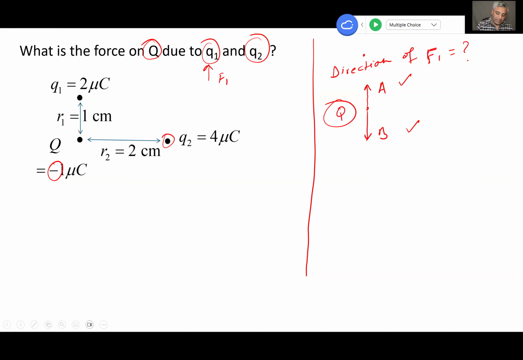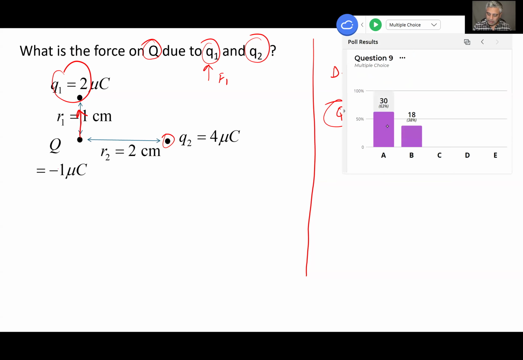Okay, so these two charges have opposite sign. That means unlike charges, opposite charges, attract. So that means this positive charge is pulling this in this direction. So A should be the correct answer in this case.